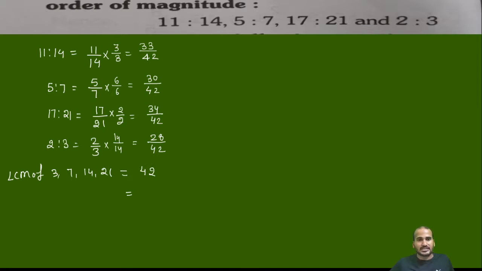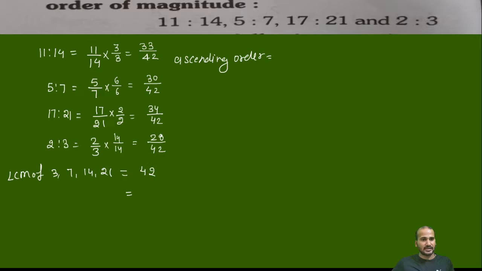We have to arrange these in ascending order. Students, what is ascending order? It means smaller to bigger. Which number is smaller?